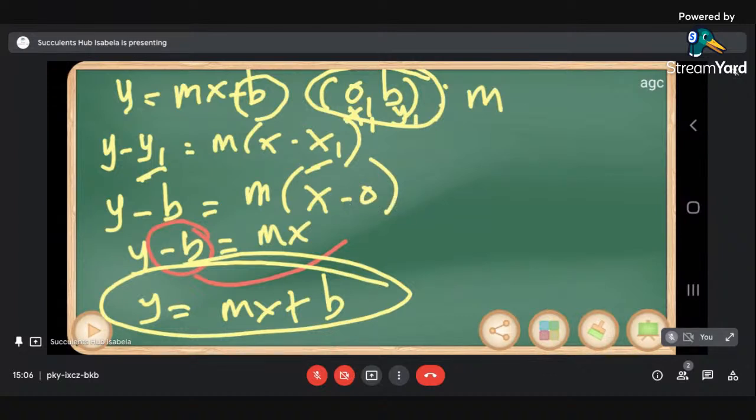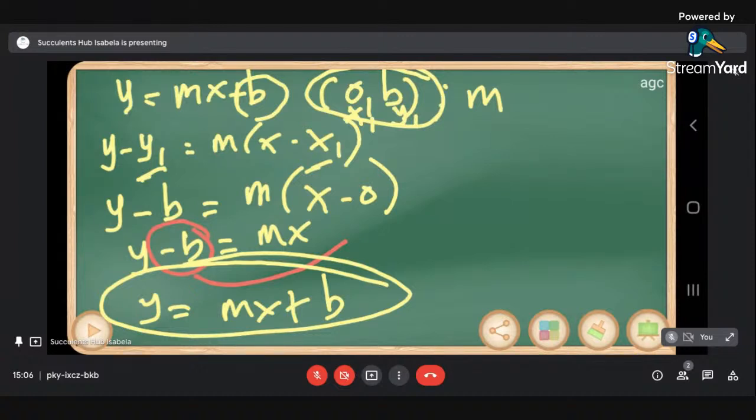Okay? So, ganun yon. So this we call your slope-intercept form. Given the slope and the y-intercept, you can make use of this form.